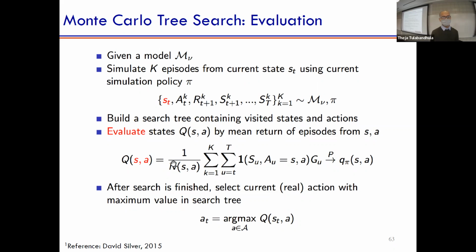Once you get these Q values, of course, you'll take the Q values related to the starting state only, and then take the argmax. Okay, so this is just trying to say how you evaluate the Q values. This is just a formula for Q values. Let's not focus on that.